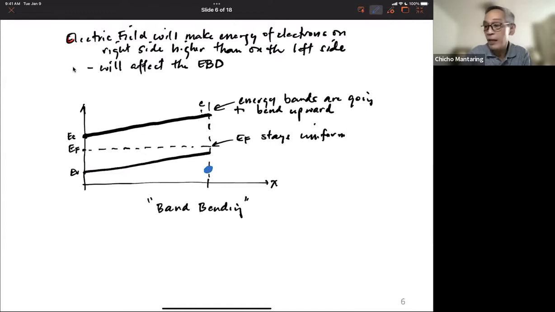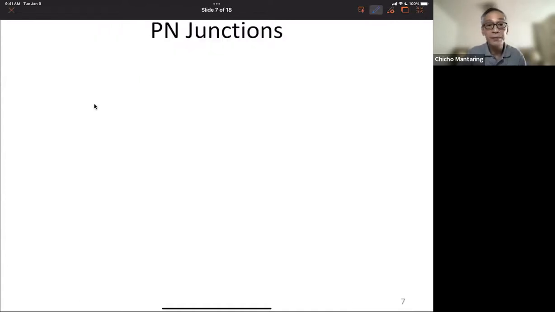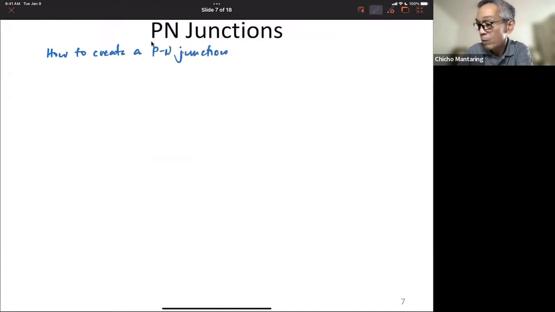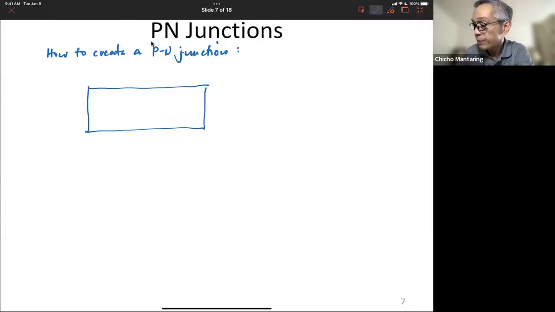Okay, let me go to PN junctions. How do you create a PN junction? Typically you start with an N-type.